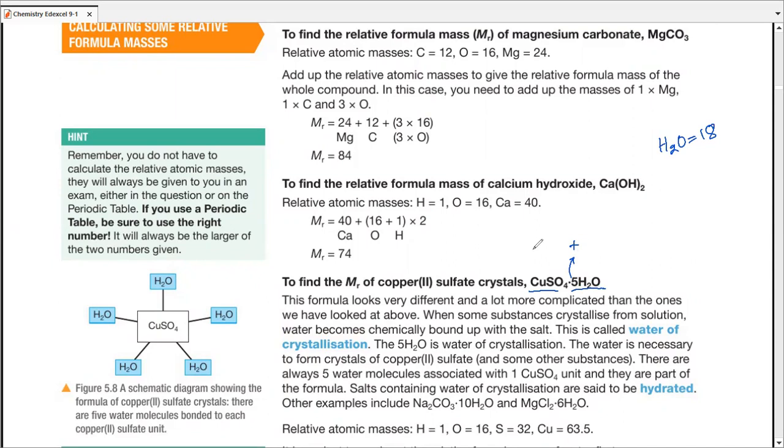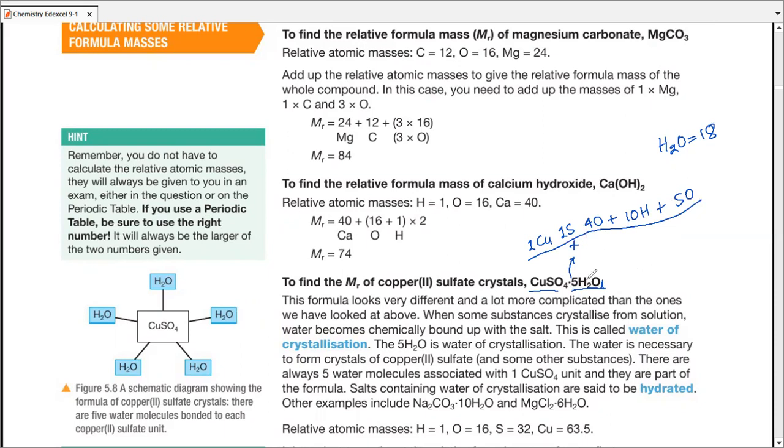If you want to, there is one copper atom, one sulfur atom, four oxygen atoms, then added to it, there are 10 hydrogen atoms. This 5 would be multiplied by this 2, this 5 would be multiplied by this 1, and plus there are 5 additional oxygen atoms. That's how we do it.